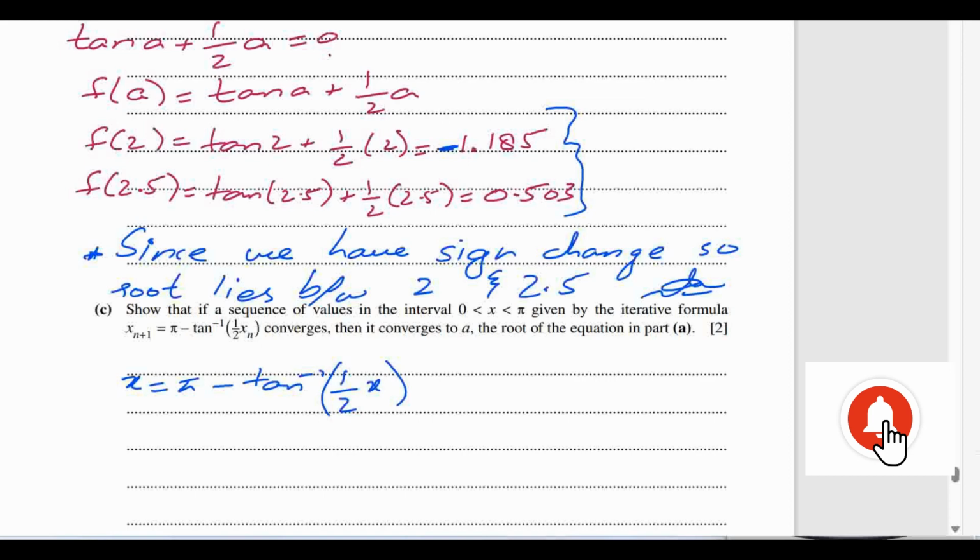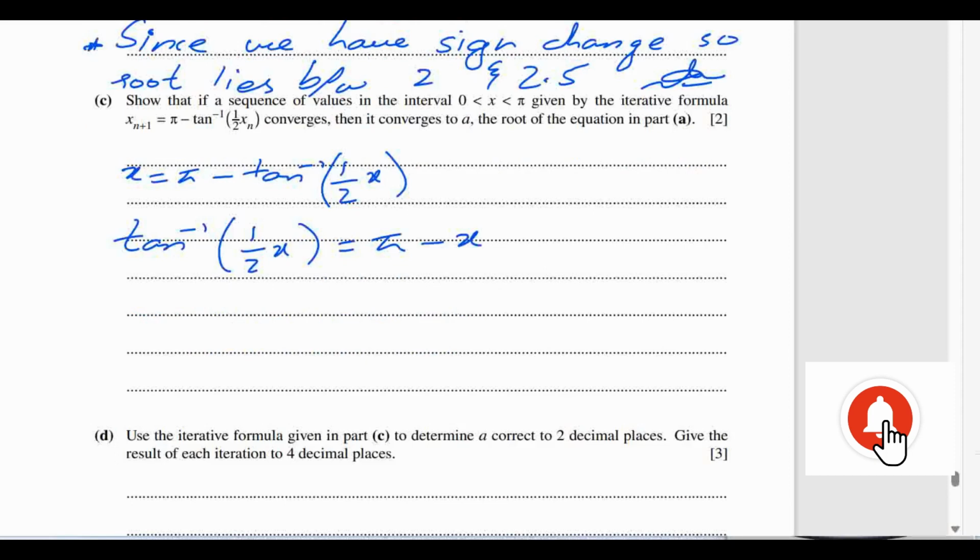Now if we rearrange it, tan inverse of 1 by 2x is equal to pi minus x, and then 1 by 2x is equal to tan of pi minus x.